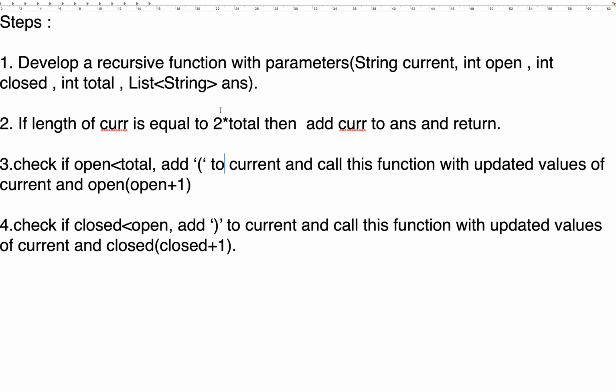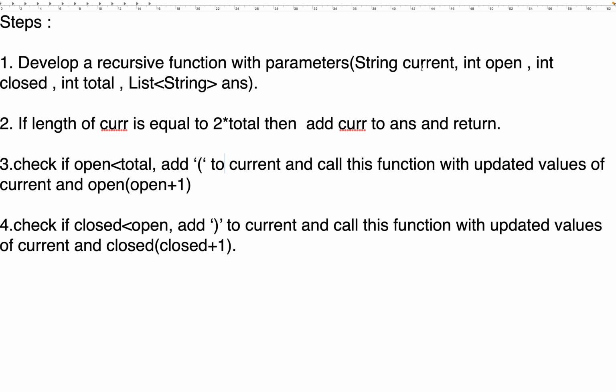Then the second main core logic of the problem. Once we add an open parenthesis and then a close parenthesis, one pair is formed. So how will we know that a pair is formed or not?